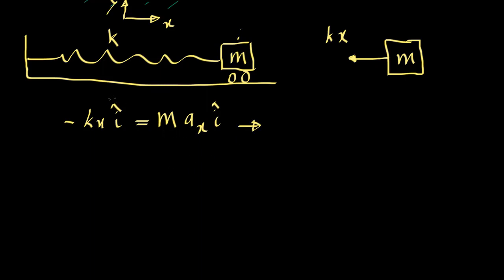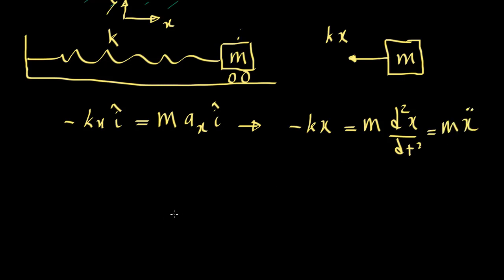And a_x would be the second derivative of position with respect to time. So this would be minus k times x is equal to m d2x over dt2, or m x double dot. If we bring this term to the other side of the equation, we get m x double dot plus kx is equal to 0.